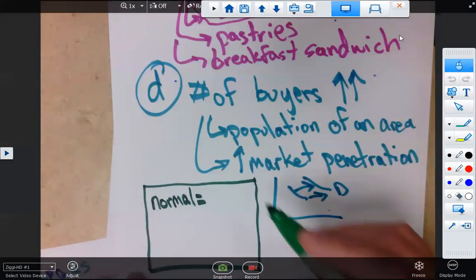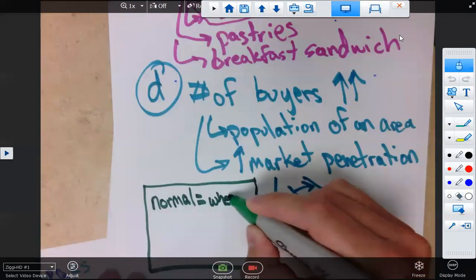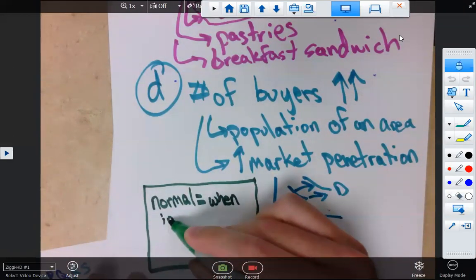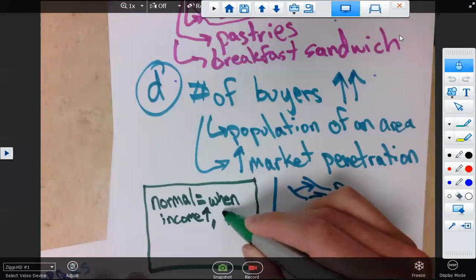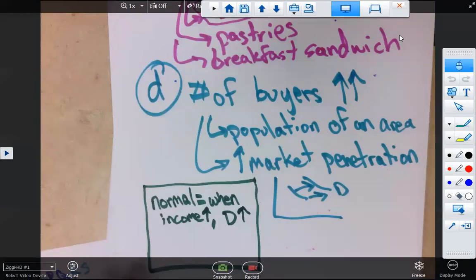A normal good is when my income increases, my demand increases. I buy more of that. So most of the goods that we buy are normal goods, right? Lattes, housing, education, video games, entertainment, clothes. As our income increases, we buy more of it.